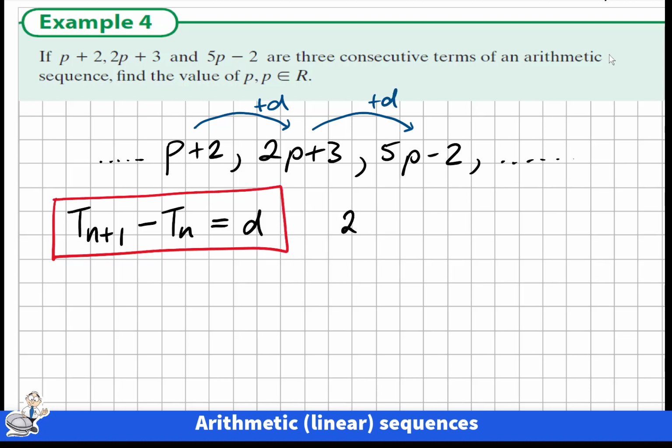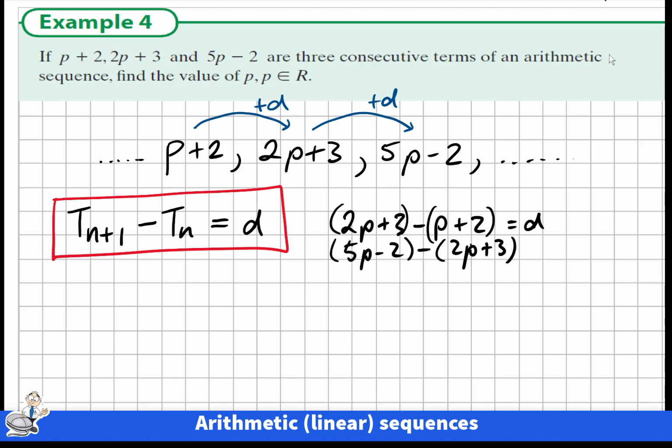Wouldn't it be true that 2p plus 3 subtract p plus 2 must be equal to the common difference? And must it also be true that 5p minus 2, just put that in brackets, take away the term before it, 2p plus 3, must be equal to the common difference also?